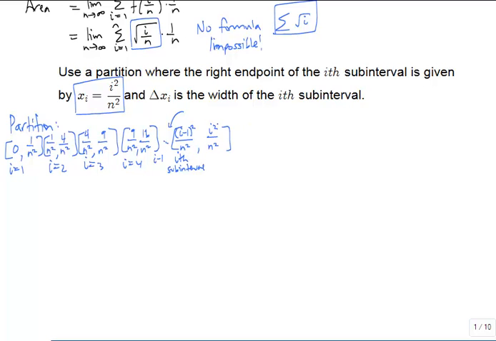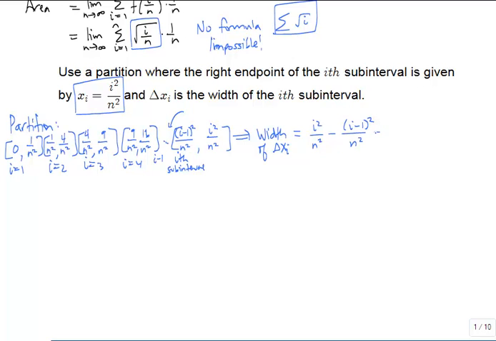So what would be the width of this delta x sub i? What would be the width of that ith subinterval? Well, its width would be whatever the distance is between these two points. So I'm going to take the right endpoint minus the left endpoint.